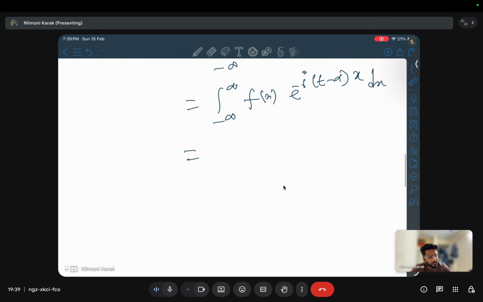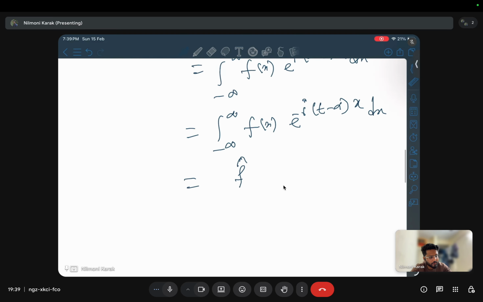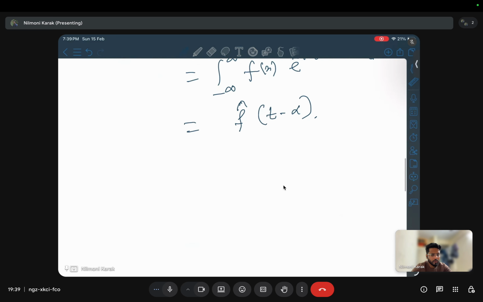Simply, this is nothing but f hat of t minus alpha, which is what we wanted to prove.